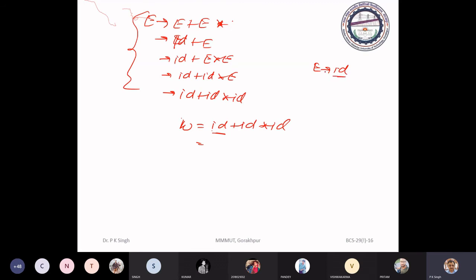So this ID is matching with the right side of the production of this grammar. So we replace it by its left side. It will become E plus ID into ID. Again, find the match from left.